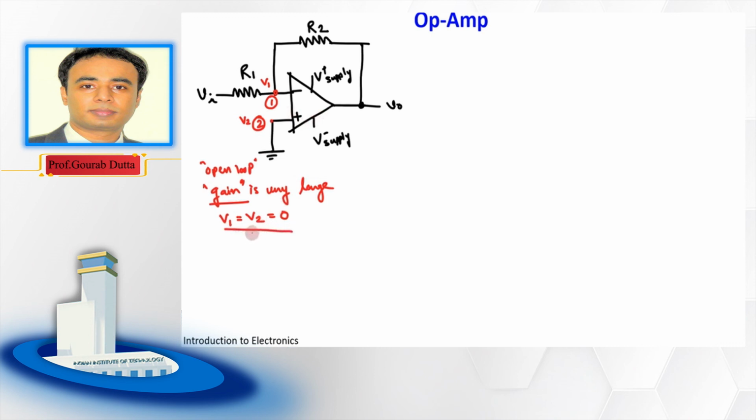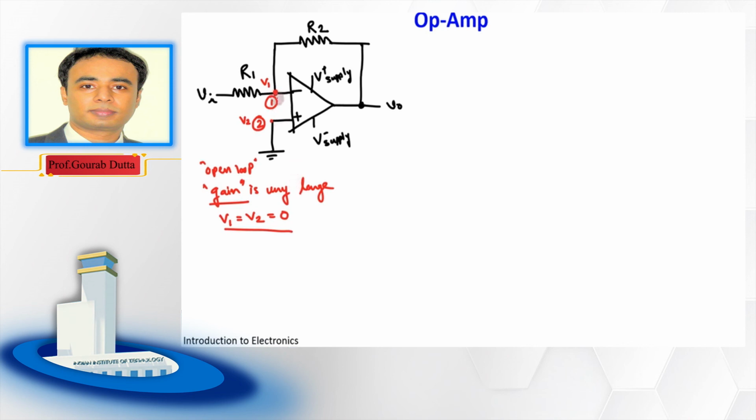If we can write this, then because this node 1 is becoming 0 volt, you can also consider node 1 to be grounded, because it has 0 potential.